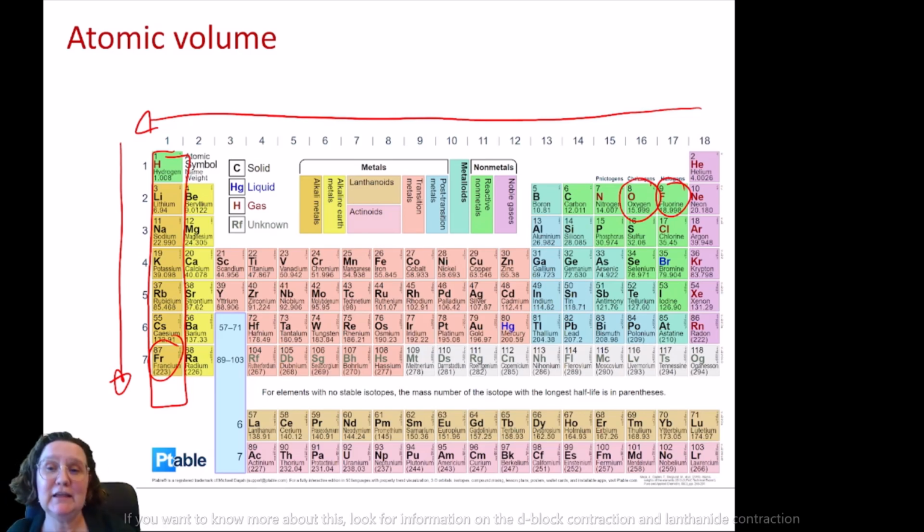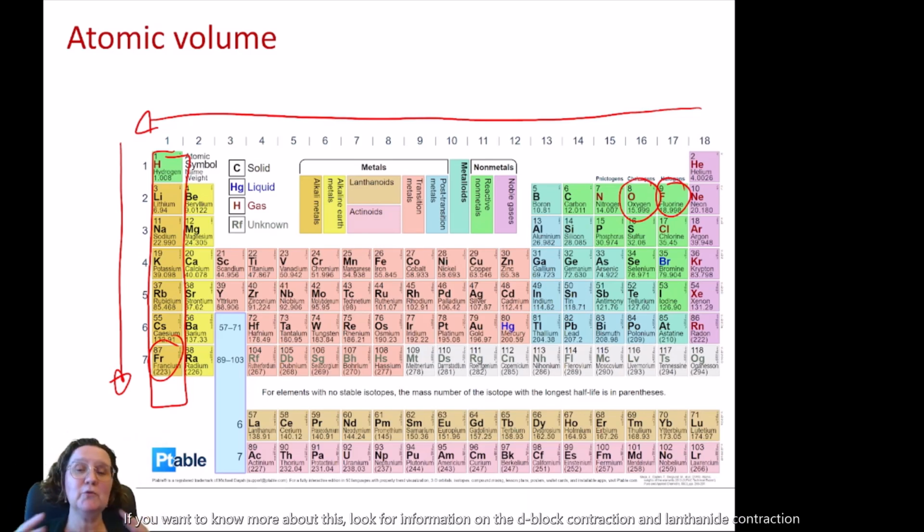Because even if there is one extra electron to accommodate in fluorine that there isn't in oxygen, the nucleus has gained one proton, and it's a very concentrated and powerful positive charge that attracts that extra electron. So the atom is not as large as you would expect it to be.